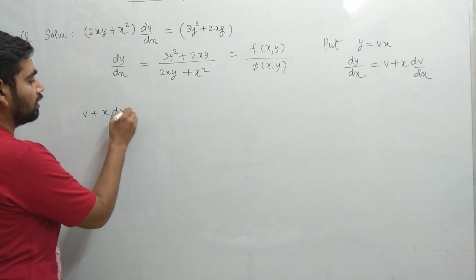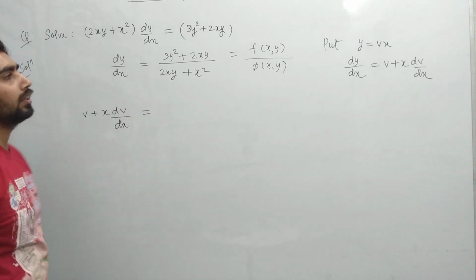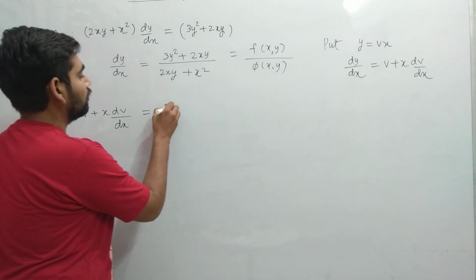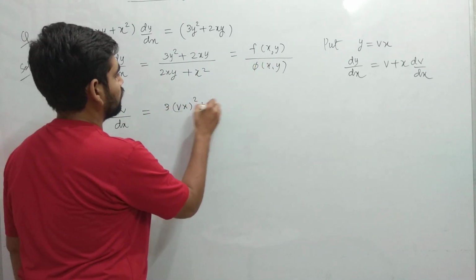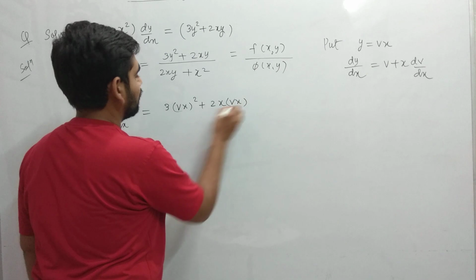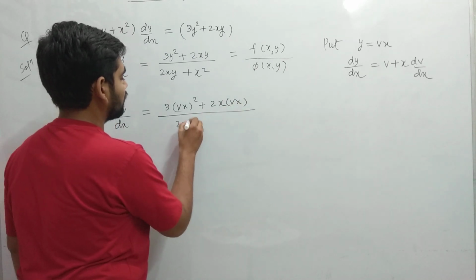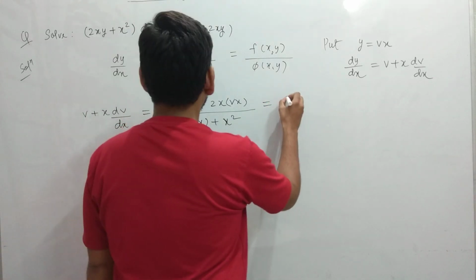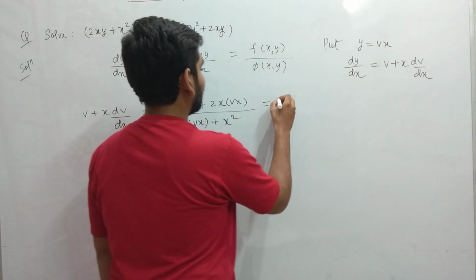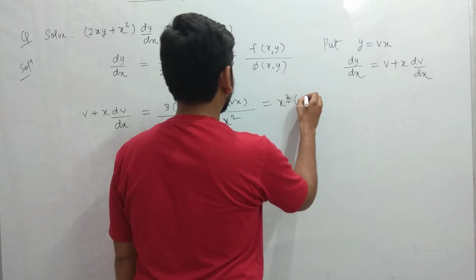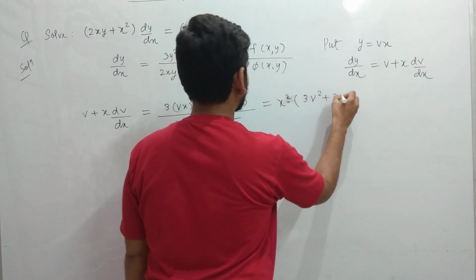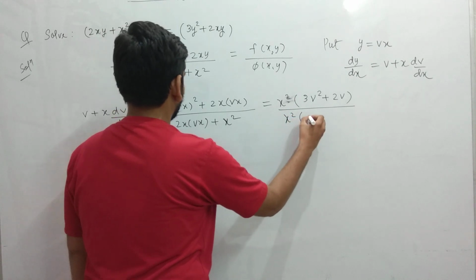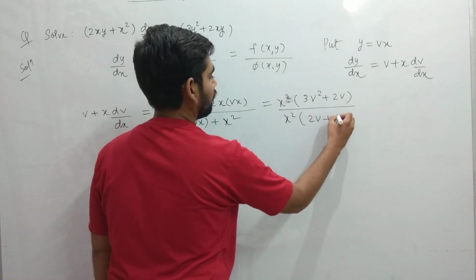Here the dependent variable is v, and we replace y with vx: (3(vx)² + 2x(vx)) / (2x(vx) + x²). Taking x² common, we get (3v² + 2v) / (2v + 1).